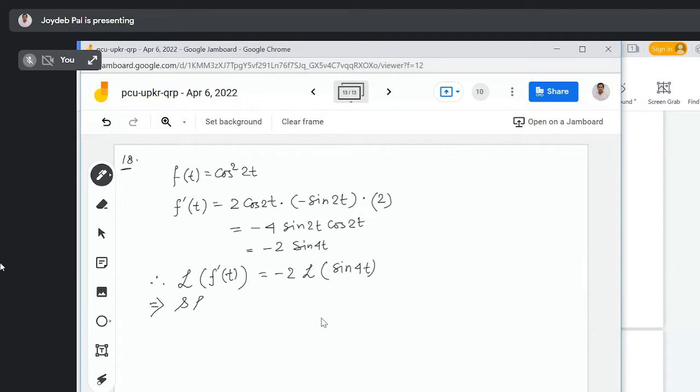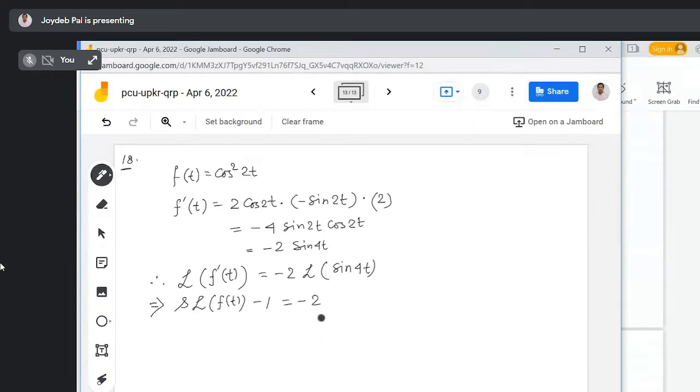It is s into Laplace transform of f, f means ft, minus f0, right? What is f0? F0 comes from this initial function. Put t is equal to 0. It is what? 1. Cos 0, na? Cos square 0 is 1.